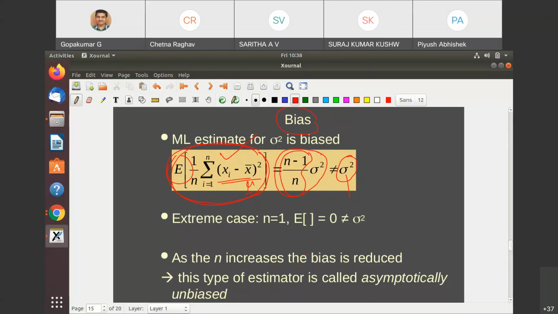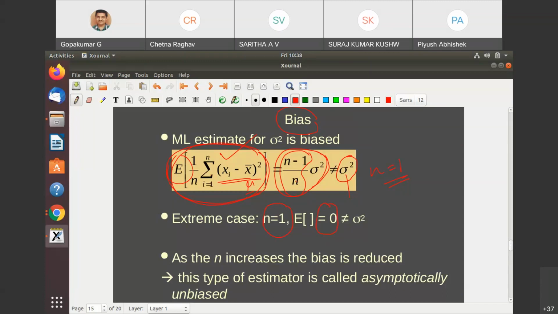For example, suppose we have n is equal to 1. Sorry, not a single dimension. n is the number of samples, the training data. In that case, if you apply this equation, we have 1 minus 1 by 1. So when n is equal to 1, this expected value will become 0.